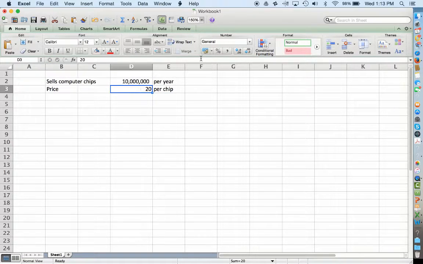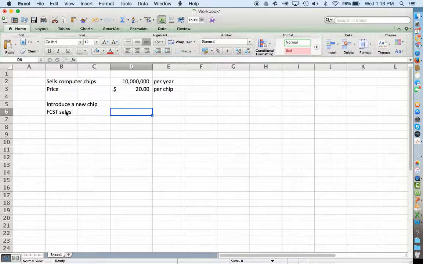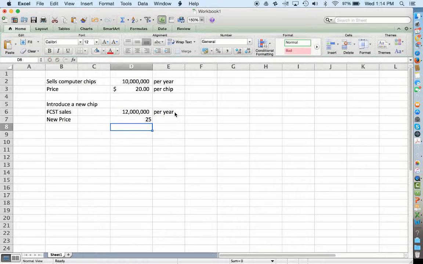Okay. And I often take some of the data out of the problem because it, to me, makes it a little bit easier to work. So they're going to introduce a new chip. Okay. And what they expect is forecasted sales around 12 million per year, and they think that they can sell at a new price of $25 per chip.